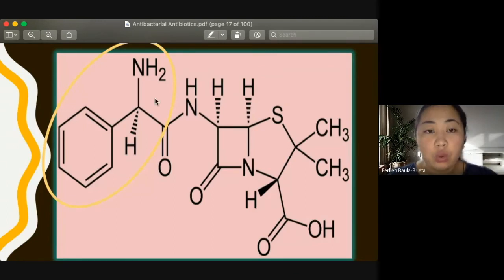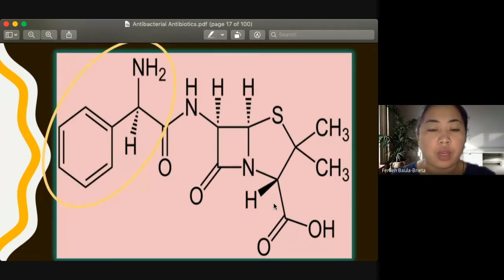You will look for the presence of an amine and acidic compounds. If yes, there is, you can give it via oral administration. Okay, so I hope that helps us later on in facing our dilemma with the structure-activity relationship in relation to our mechanism of action.